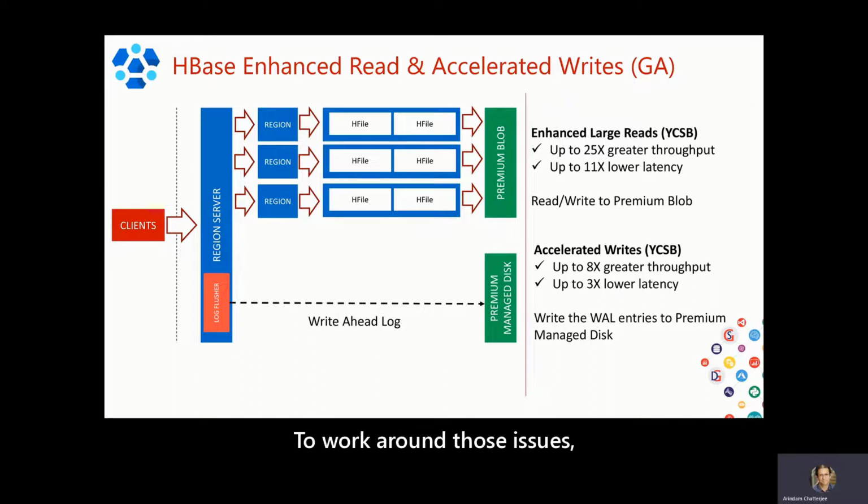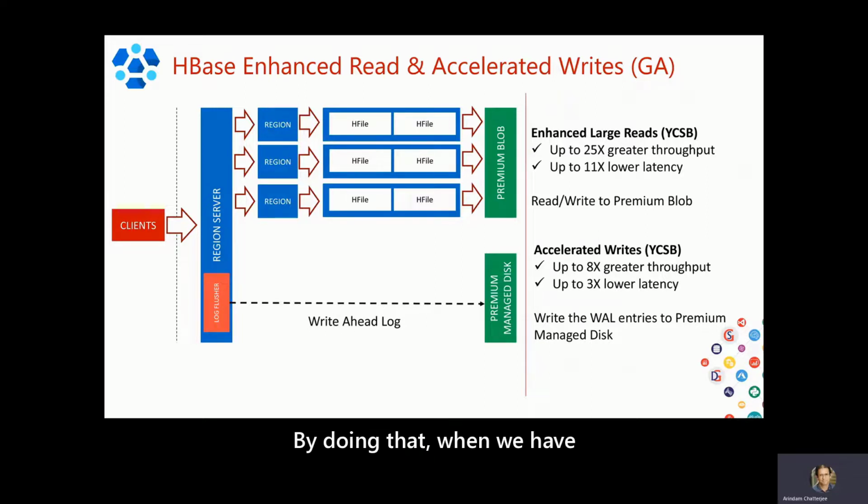And so to work around those issues, we have introduced a lot of optimizations, what we call enhanced read and accelerated writes. We are taking advantage of premium blobs, and for the write-ahead log, we take advantage of premium managed disk.